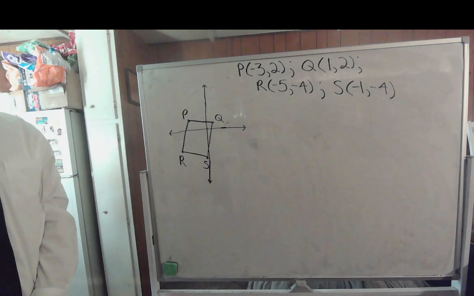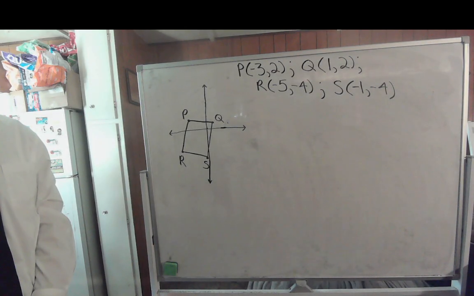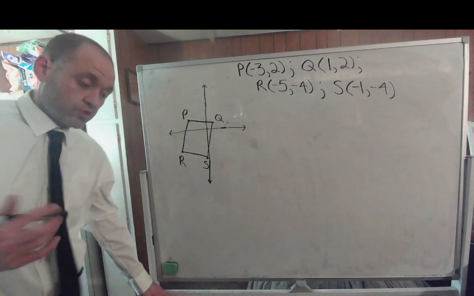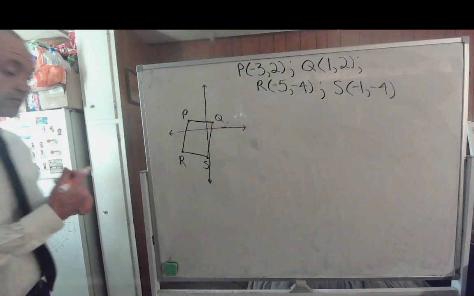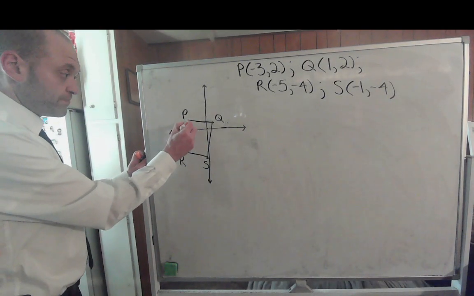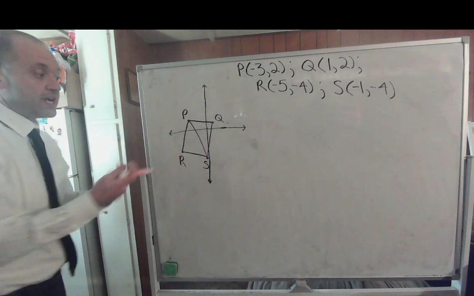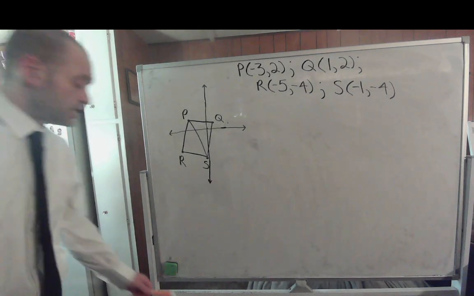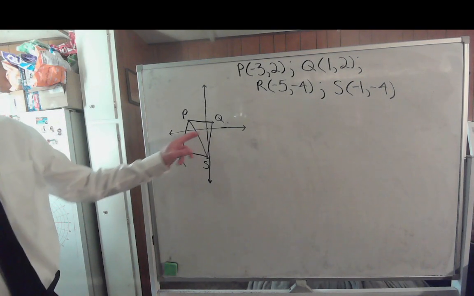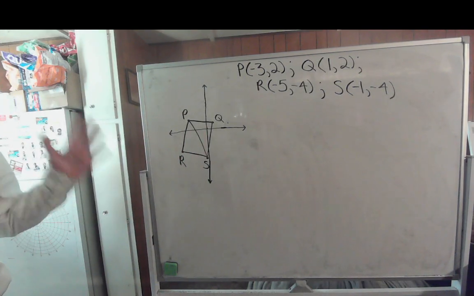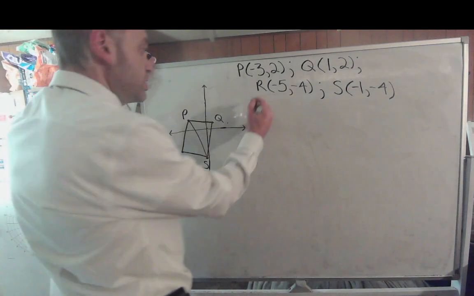Well, we don't really have a formula for the area of a quadrilateral using determinants, but we can derive one. Isn't it true for virtually any quadrilateral, you can split it into 2 triangles? If I draw a diagonal from P to S, I now have 2 triangles. So I can solve for 2 different triangle areas and get the total area of the quadrilateral.